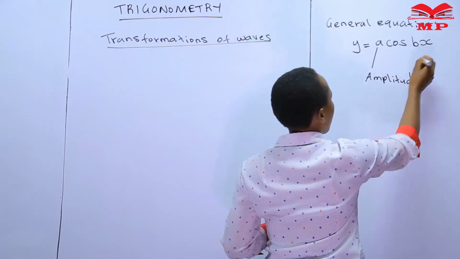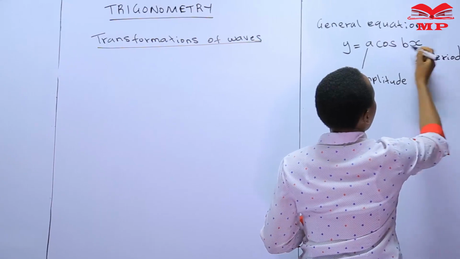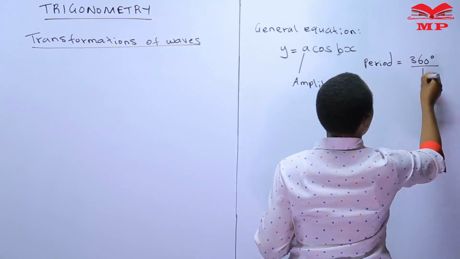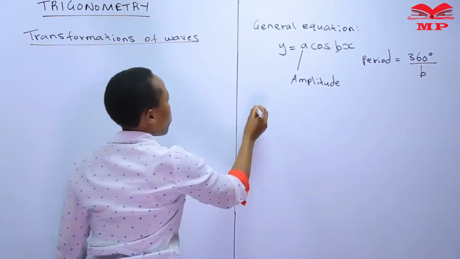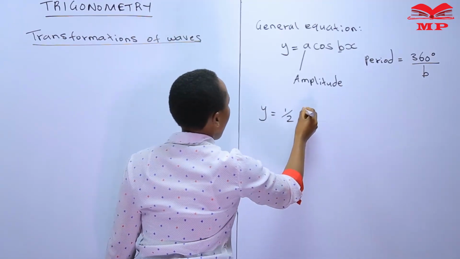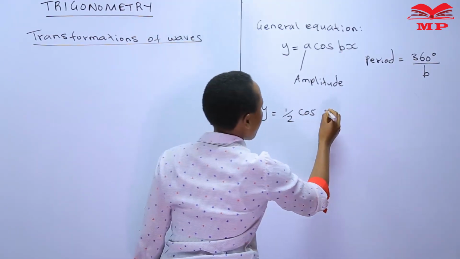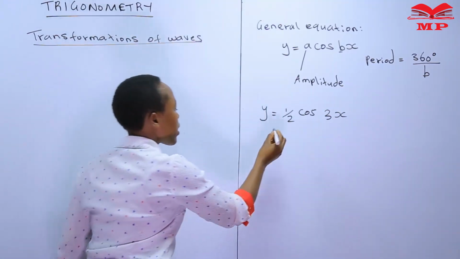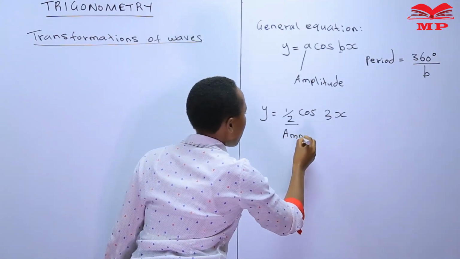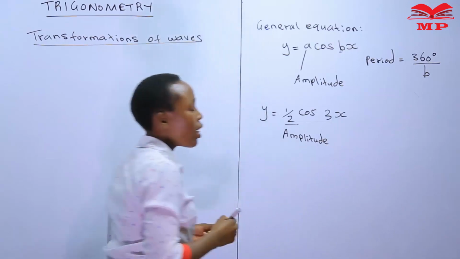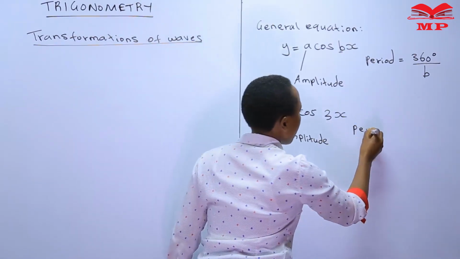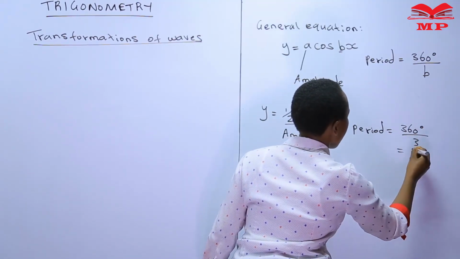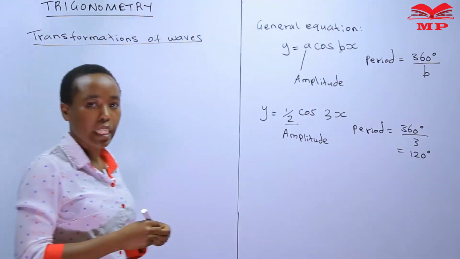And when you want to get the period, the period is 360 degrees divided by b, such that if you have y is equal to a half cos 3x, in this case a half becomes the amplitude. So the amplitude is a half units. And then the period therefore becomes 360 degrees divided by 3, which is 120 degrees.